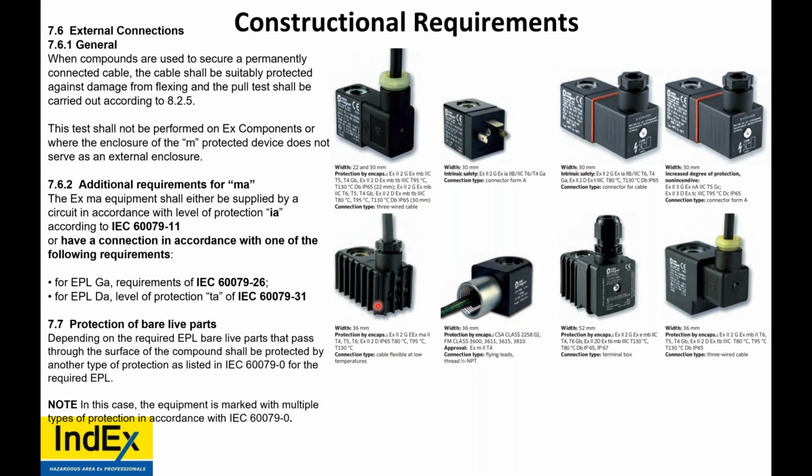Or it shall have a connection in accordance with 60079-26, Ga equipment, zone 0 equipment. Or for dusts, it shall be an EX ta. So you would actually have to have an enclosure that is rated EX ta for dust, 60079-31.